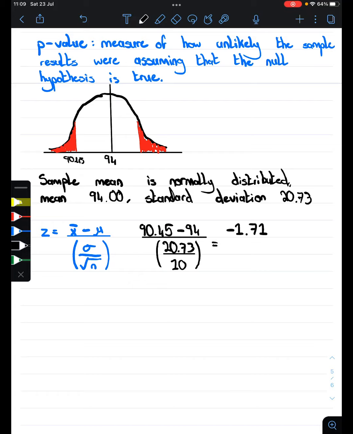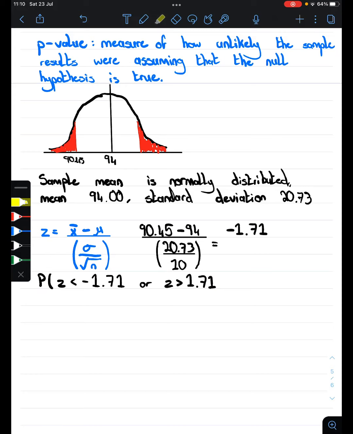And then if we go to our log tables, the page with all the z-score results, we're looking for the probability that z is less than minus 1.71, so like a higher negative number, or z is greater than 1.71.